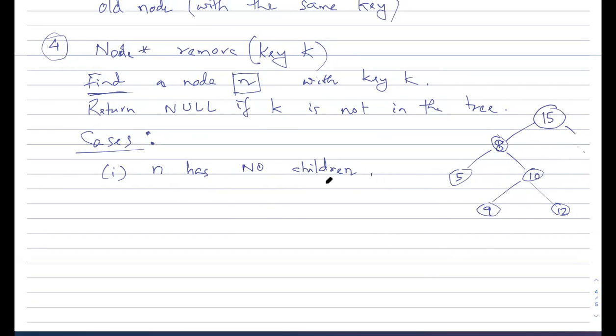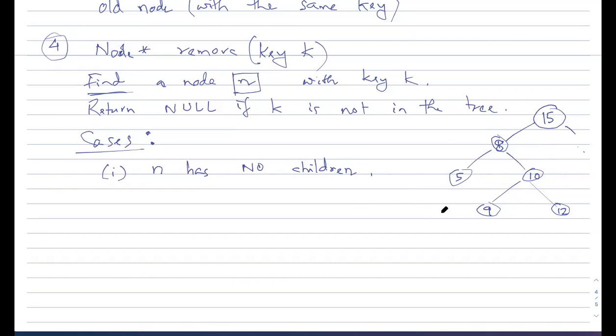So the first condition is that n has got no children. Which nodes do you see that have no children? 5, 9, and 12, right?